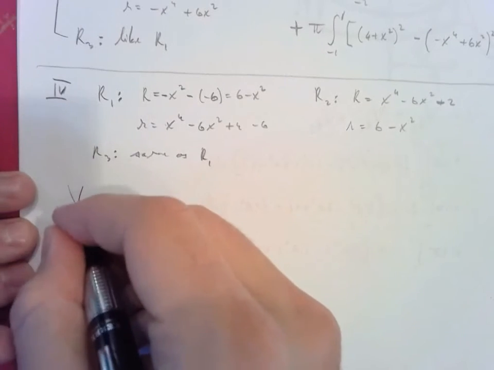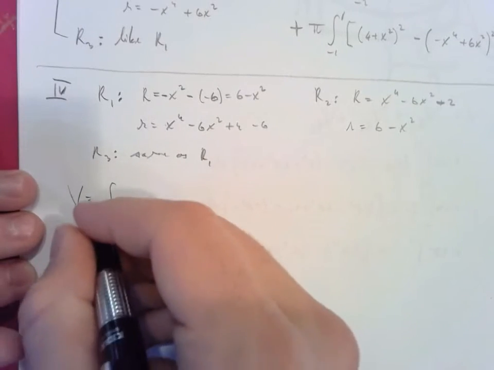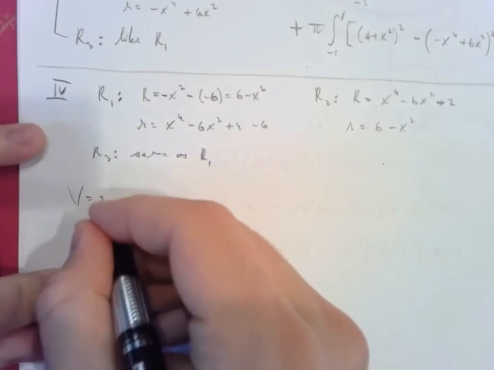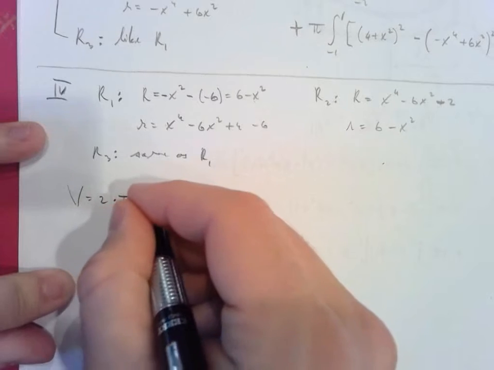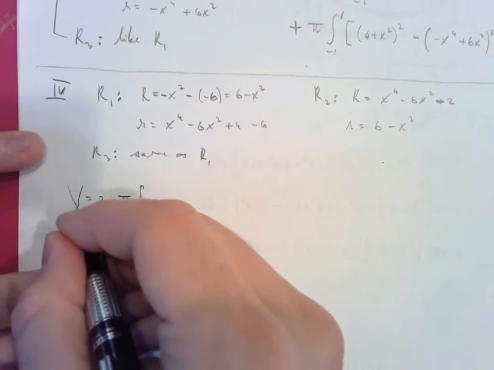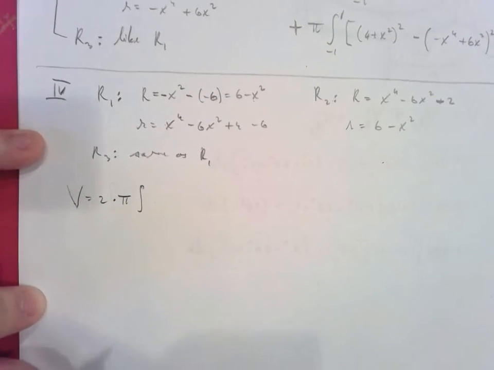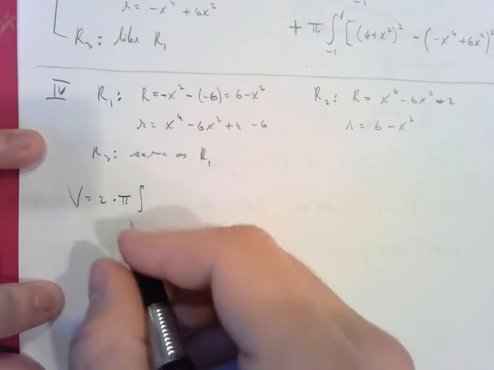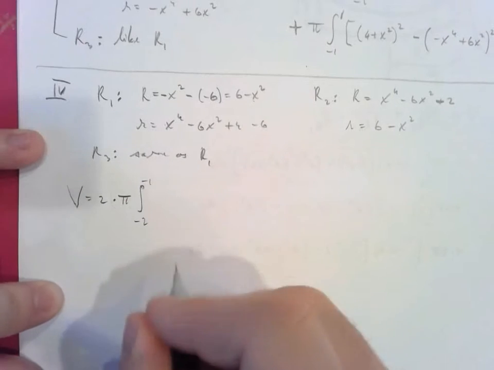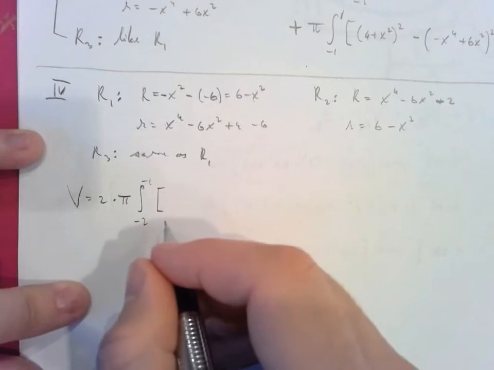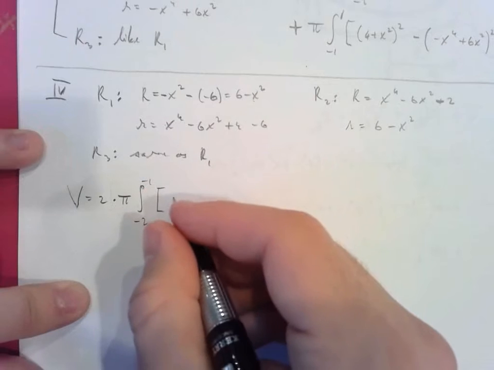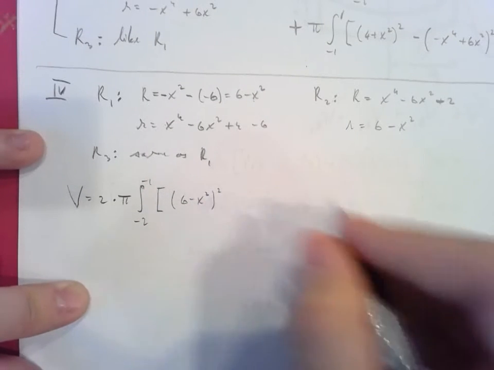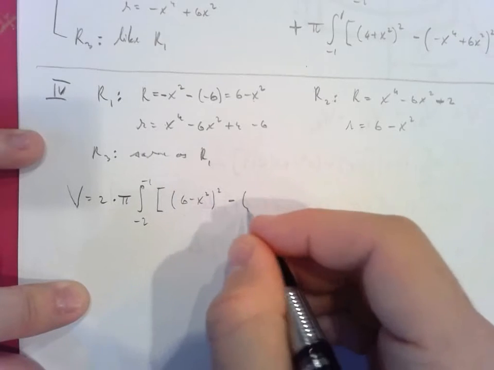So the volume here is twice the integral from region 1. And the reason why it's twice is because I also want to account for region 3 all in one. So shoot 2 rabbits with 1 stone. And now I have the outer radius squared minus the inner radius squared.